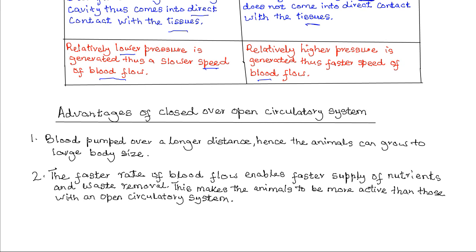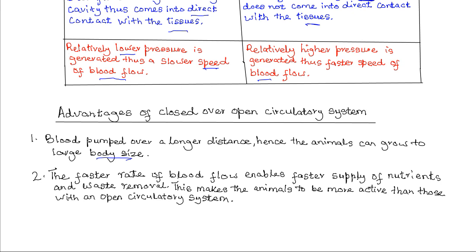Arthropods, such as insects, are partly limited in size because of the open circulatory system that cannot generate enough pressure to cover a long distance. But in the vertebrates, in the closed system, a relatively higher pressure is generated, and this enables the organism to grow to a relatively large body size.